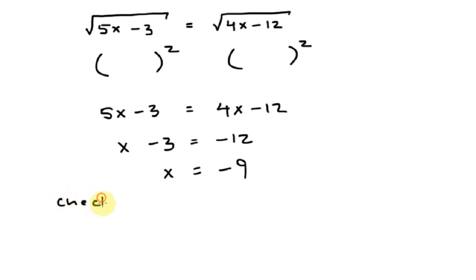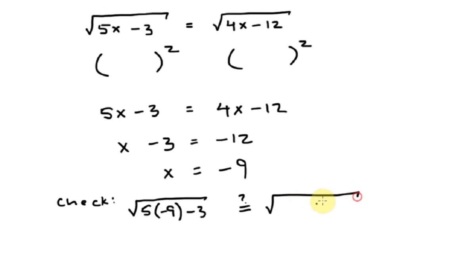I'm going to plug it in on the left side, and that gives me the square root of 5 times negative 9 minus 3. And I'm going to see, does that equal, on the right side, the square root of 4 times negative 9 minus 12.